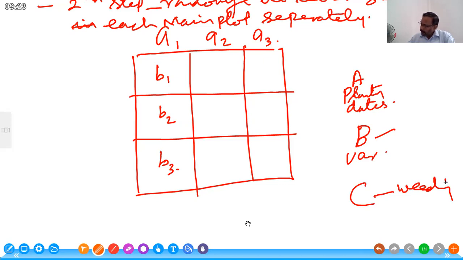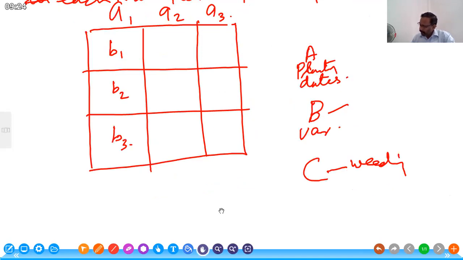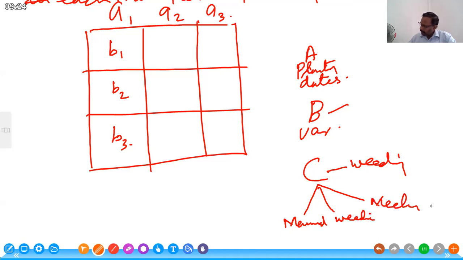So for weeding, we could say it's 3 types: manual weeding, weedicide using chemicals, and mechanical.